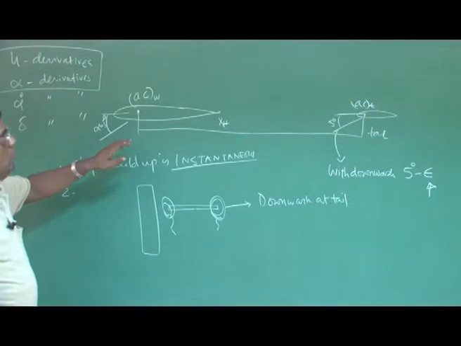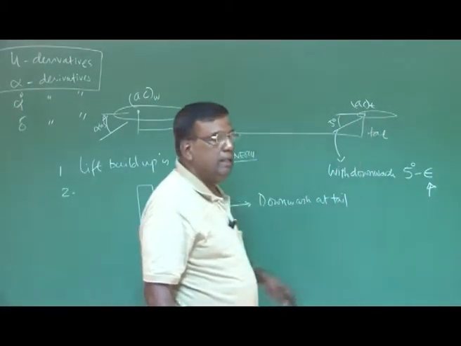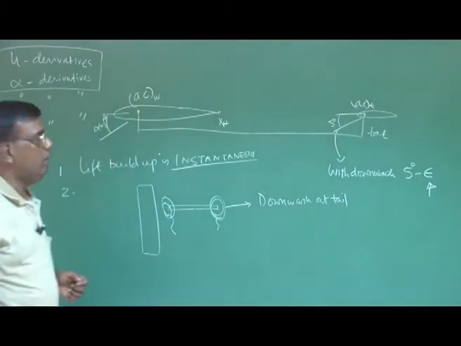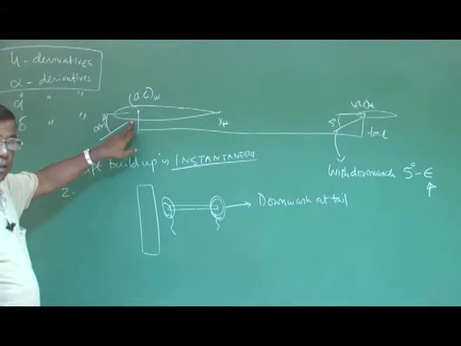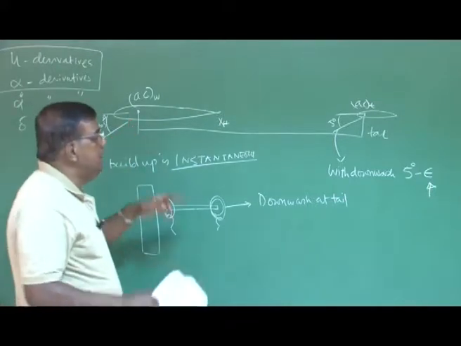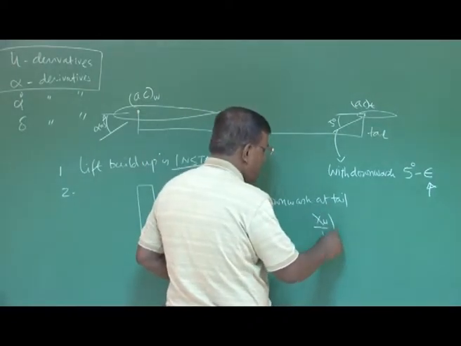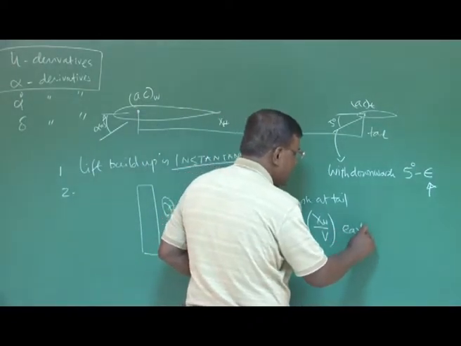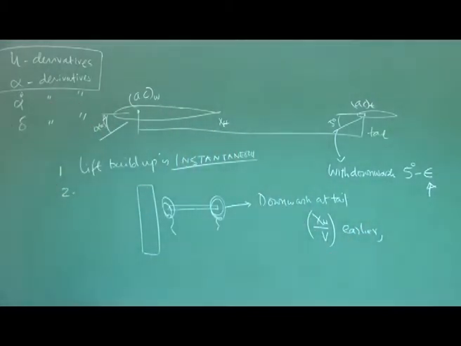So, whatever is happening at the tail is because of something that happened at the wing at the time xh by V earlier. Is this part clear or not?